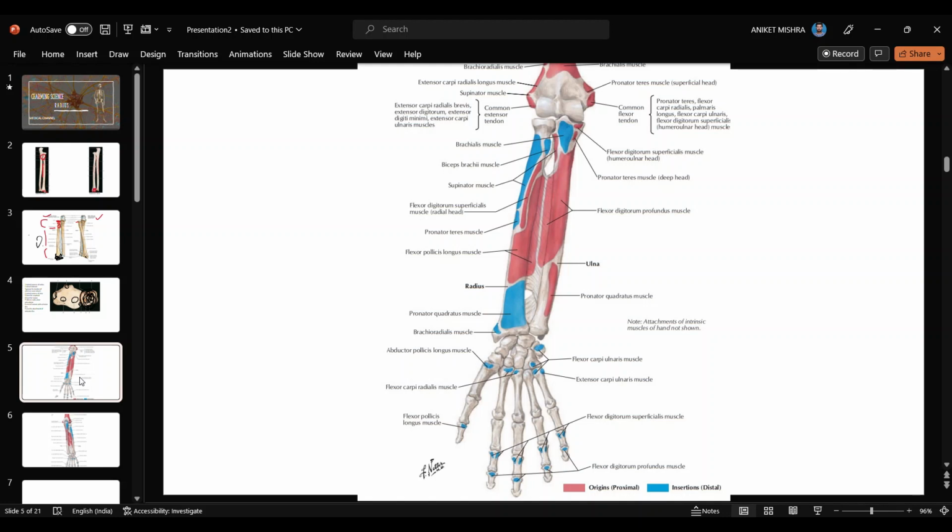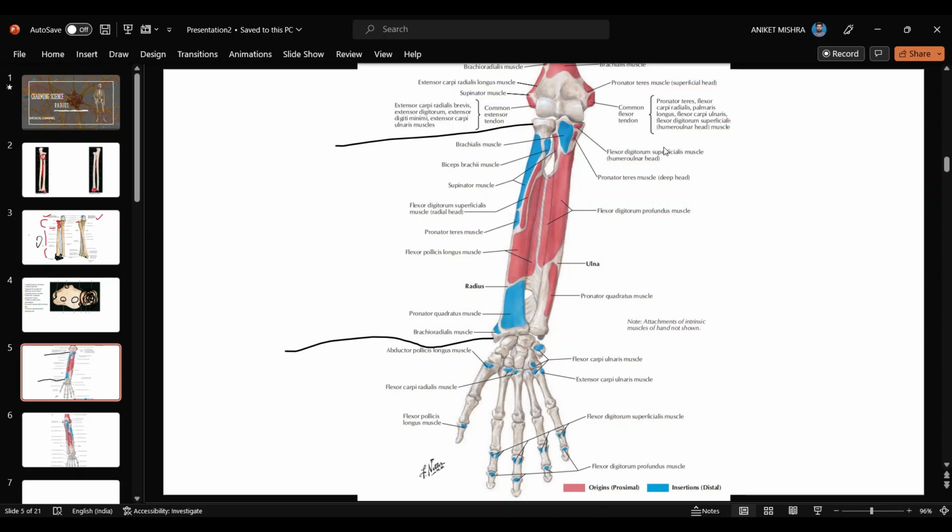So let's come to the muscle attachments. What are the muscles and how do they attach onto the surfaces of the radius? By the structure we get to know that this one is the radius. There is attachment for the ulna also, but we are just going to talk about the radius bone.